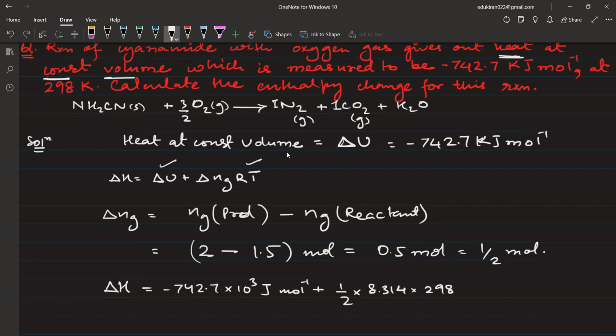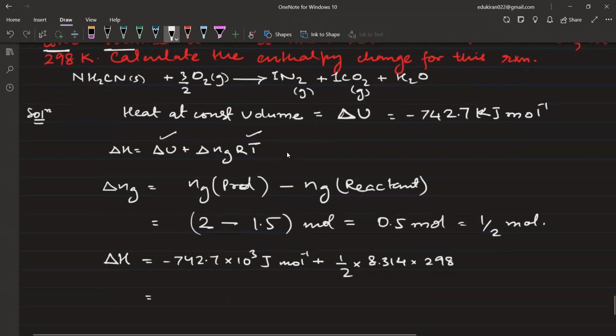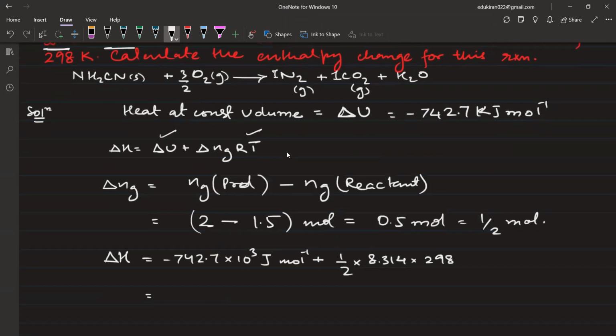Okay, Kelvin. Your answer will be in terms of joules per mole only. You can calculate this term. Tell me कितना हो रहा है? Calculate this value. सिर्फ इसको calculate कीजिएगा.